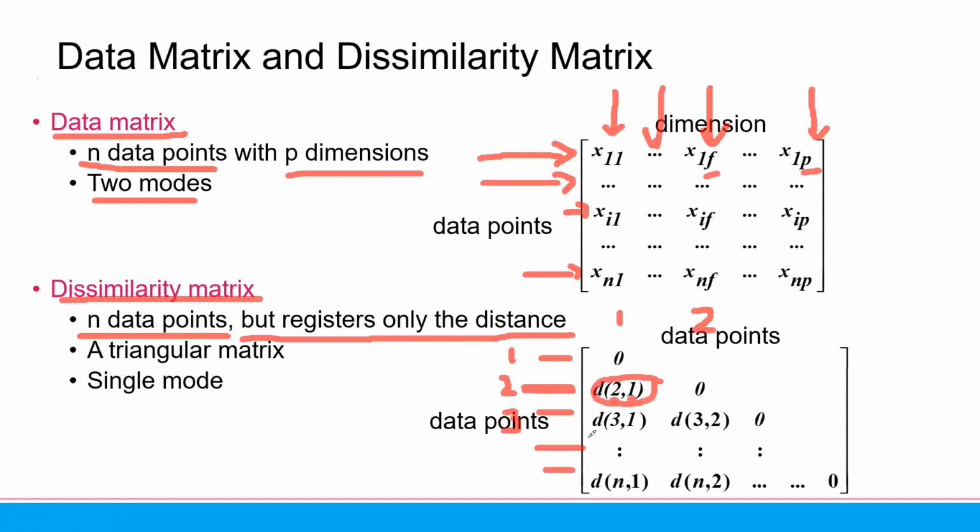If it is 3, then this is the distance between point 3 and point 1. It can be represented using a triangular matrix, because later we will learn that D21 will be the same as D12. So we can just consider only the triangular. And usually we can say this is single mode.